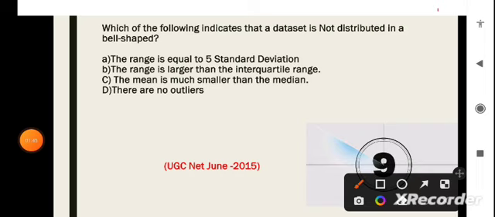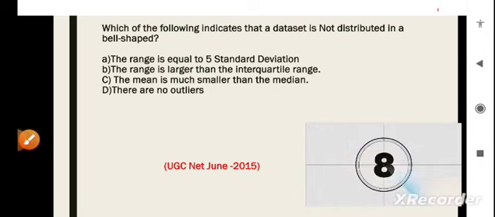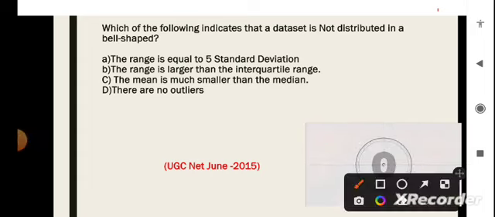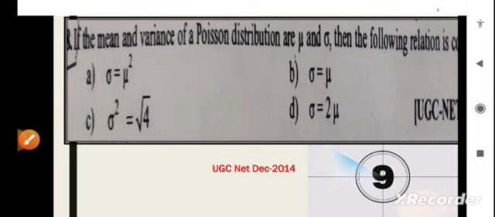Next question is, which of the following indicates that the data set is not distributed in a bell shape? So here, as we know that in a normal distribution curve, the mean, median and mode are equal, so our correct option will be option C. Next question is, if mean and variance of a Poisson distribution are mu and sigma respectively, then which of the following relations is correct?